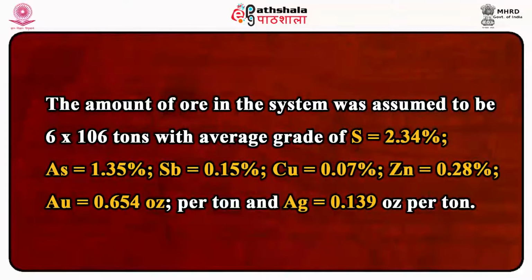The amount of ore in the system was assumed to be 6 times 10 to the power of 6 tons, with average grade of S equal to 2.34 percent, As equal to 1.35 percent, Sb equal to 0.15 percent, Cu equal to 0.07 percent, Zn equal to 0.28 percent, Au equal to 0.654 per ton and Ag equal to 0.139 per ton.